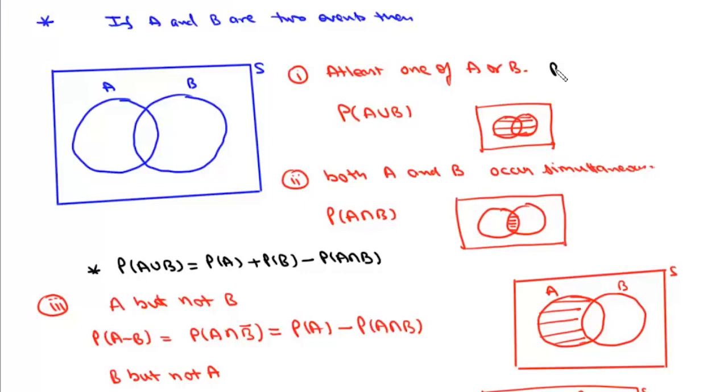That means if we write P(A union B), it is same as P(B union A). In the same way, intersection is also commutative. So P(A intersection B) is same as P(B intersection A). So they are commutative.